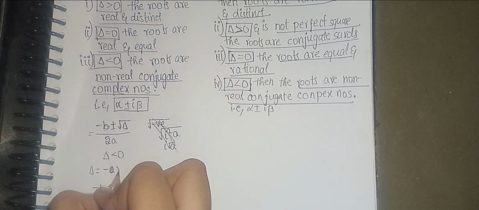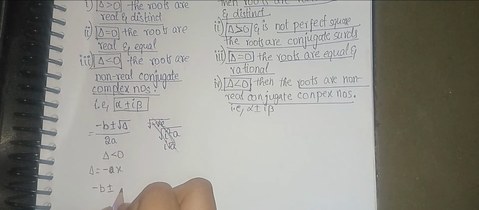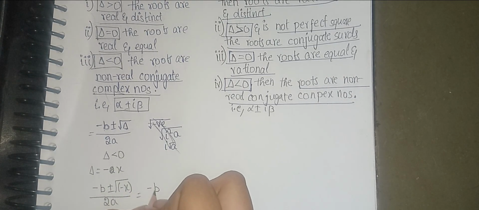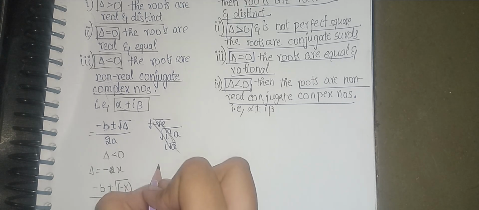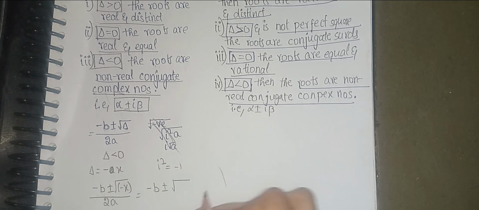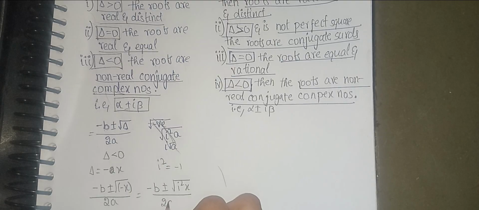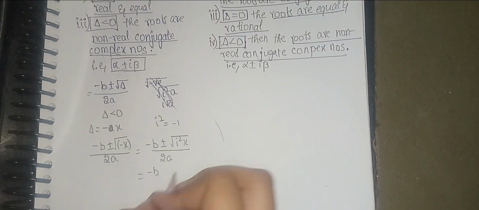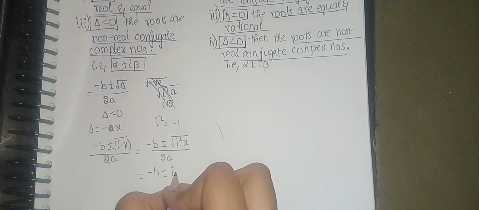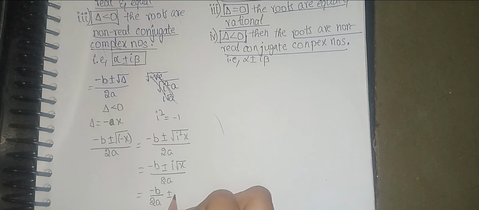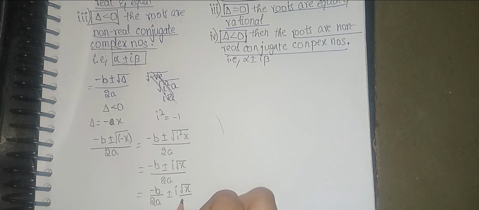So minus b plus or minus root over minus x by 2a, and since i² = minus 1, we can write it as i² x by 2a, means minus b plus or minus i root x by 2a, means minus b by 2a plus or minus i root x by 2a.